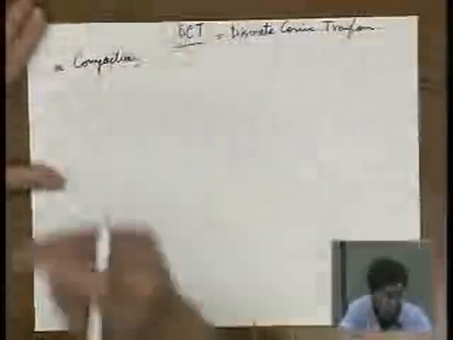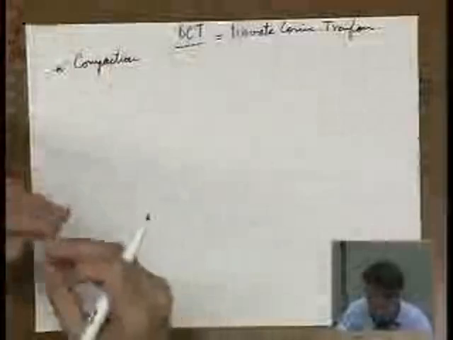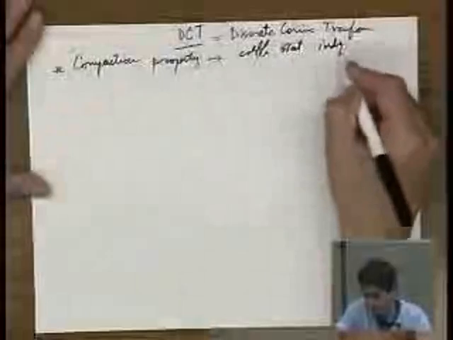One of them is the compaction property, and I'll talk about that at the end of the lecture when I show you some pictures. And the other is that the coefficients end up being statistically independent of each other.